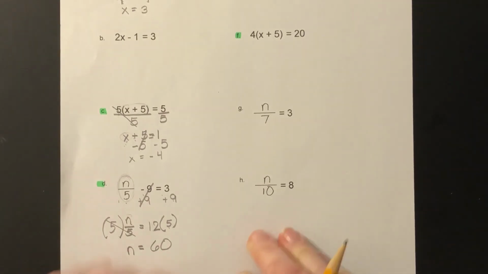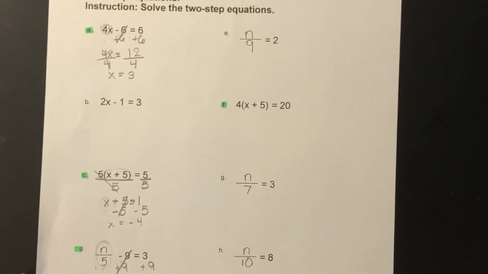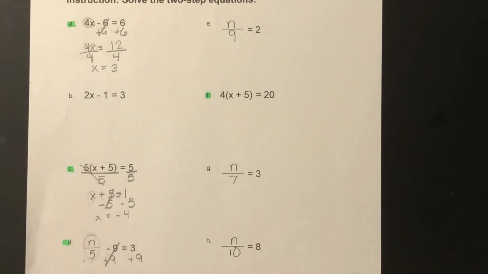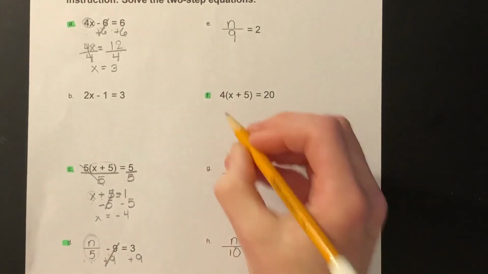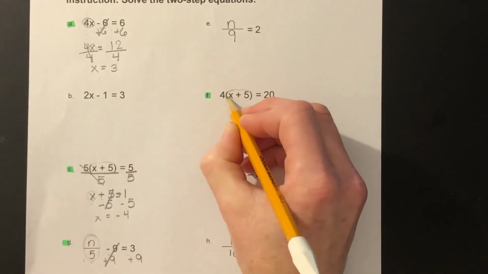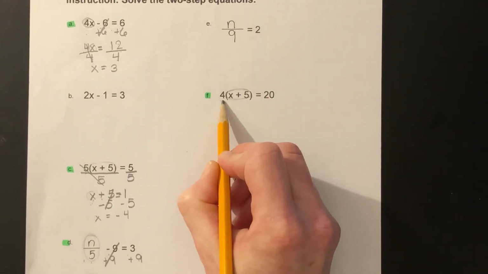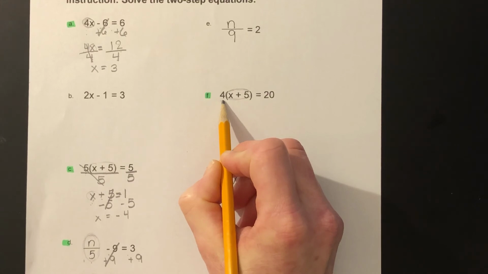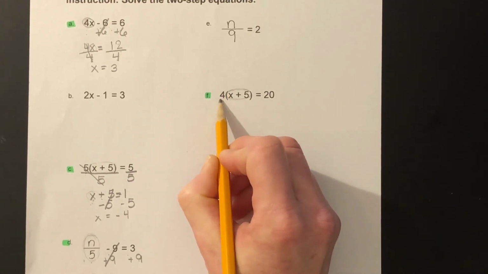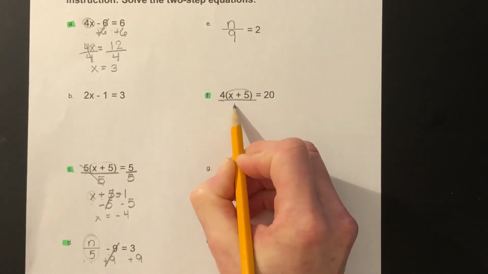One last problem. You've already done one like this. Let me remind you how it works. We are going to get rid of that 4. In order to do that, we'll do the opposite. Right now we're multiplying. So we'll divide both sides by 4.